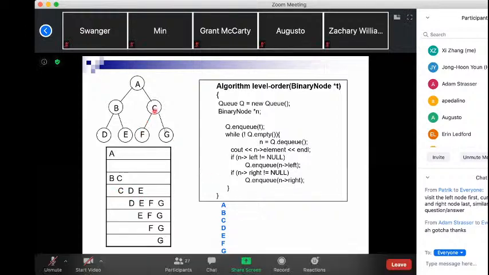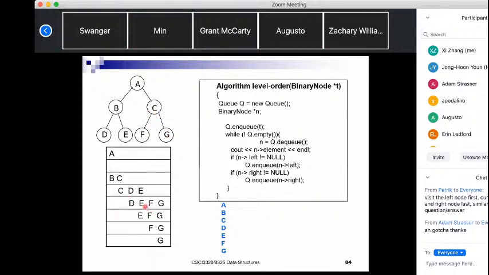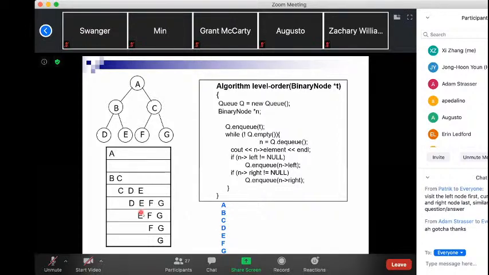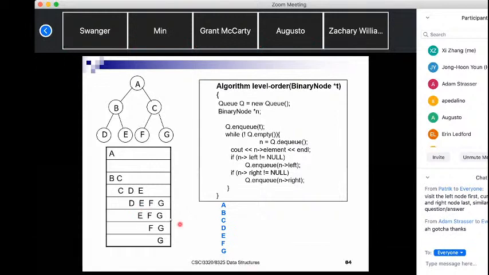So the current queue includes D, E, F, G, and then when I take out the next one, that's D, print out D. D doesn't have any child, so nothing to add, so finish, and then going back to the while, and the next one is E, print E, nothing to add, move on.